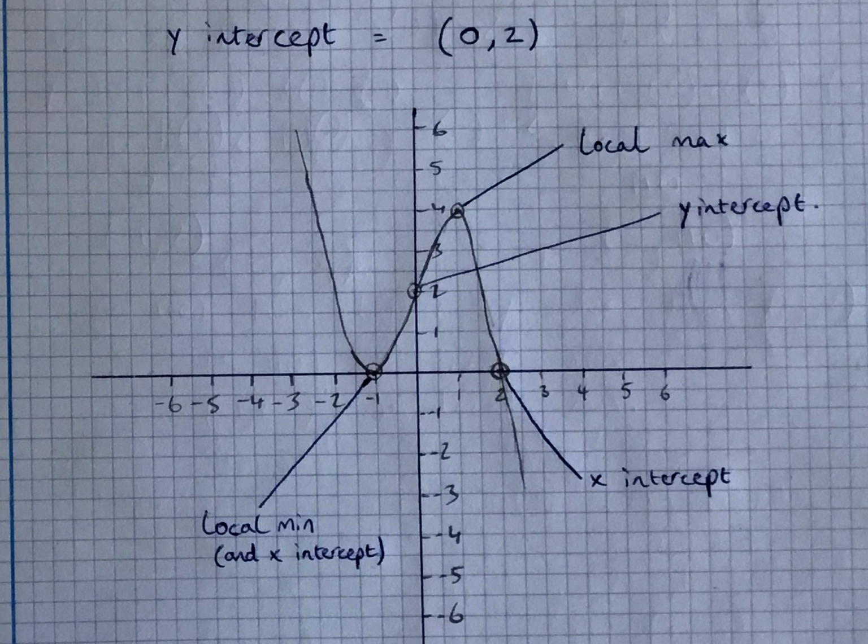If I see that upward slope, it means the function is increasing. You can see the function is going down before I get to minus 1, and it's going down as I go from the local max past the x-intercept and so on. So the only part where it's going upwards is between minus 1 and 1.